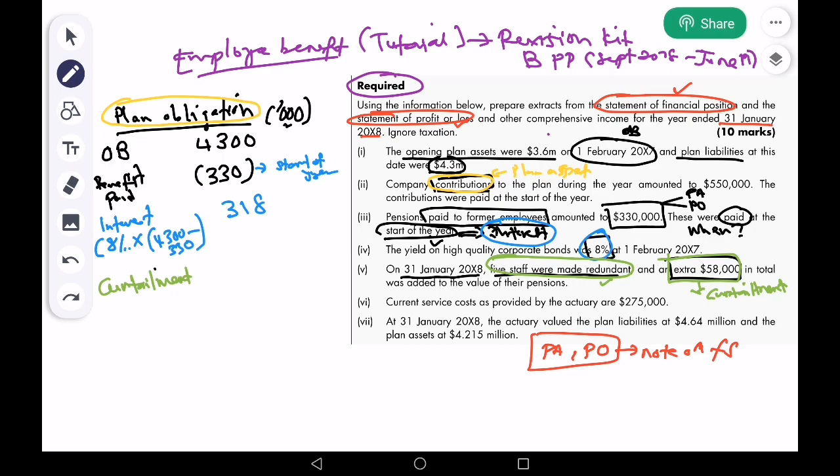So when you pay extra, it's considered an obligation as well, class. So we put it as 58,000. Just to share with you about curtailment: if you say an extra 58,000 added to the value of their pensions, that means the obligation will increase, because you have to add another extra 58,000, so we put it under obligation.